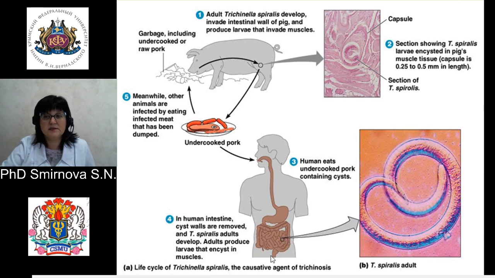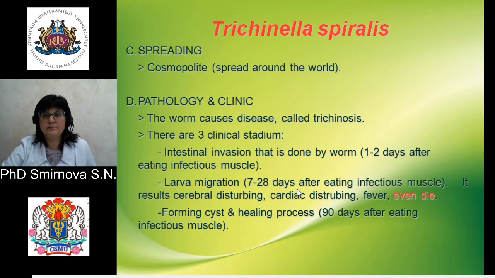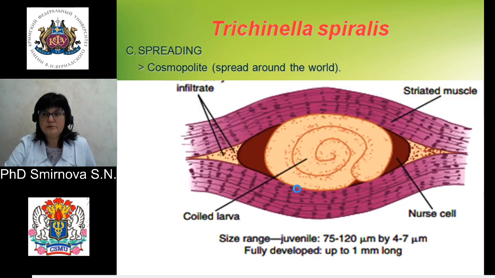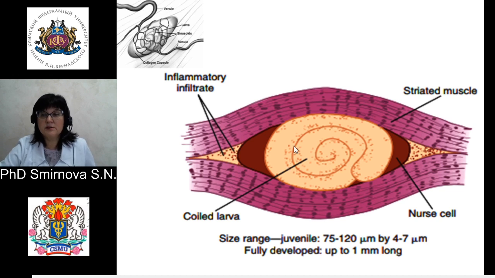These parasites can migrate from the muscles of one animal to a human. On this scheme we can see muscle tissue, and inside these muscles we can see the spiral form of the larva of Trichinella spiralis.